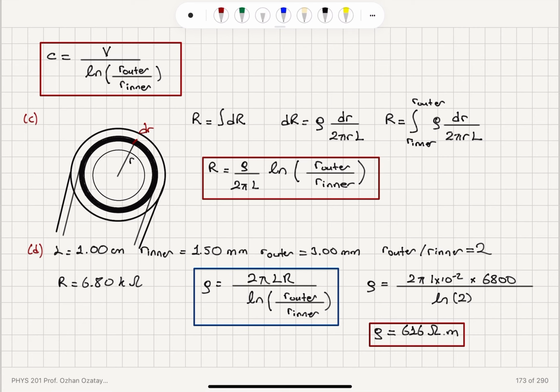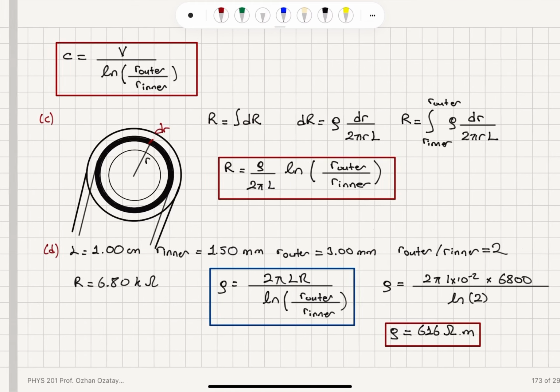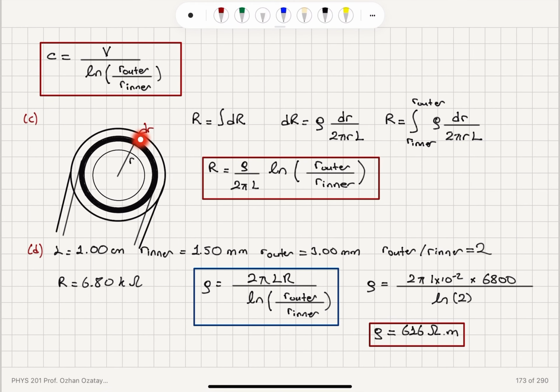What is the resistance of this device? Well, since current does not flow along the axis of the cylinder, but rather flows radially inward following this electric field line, the area it sees for a cylindrical shell with radius r here will be 2 pi r multiplied by L, the side surface area of that cylindrical region, and it's going to have a thickness dr here, so that's the length in the rho L over A formula, dr in minus r hat direction, that's the direction of the current.